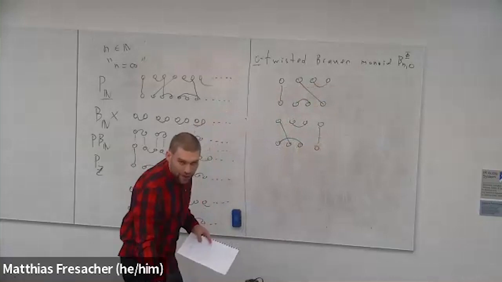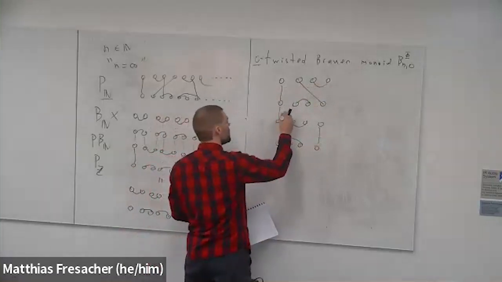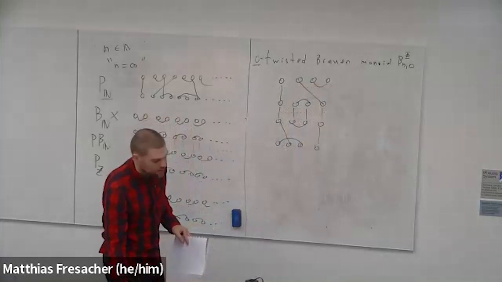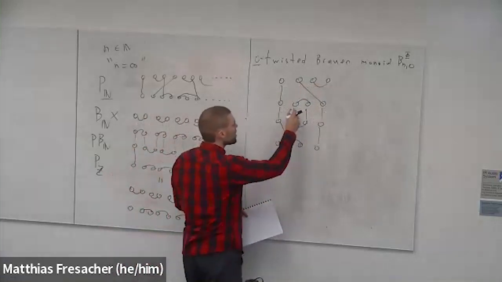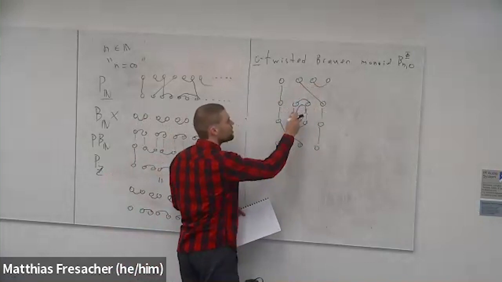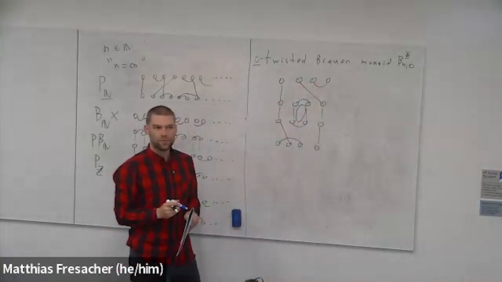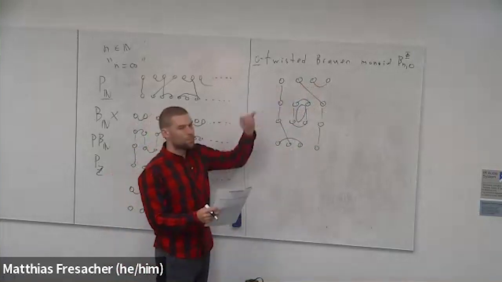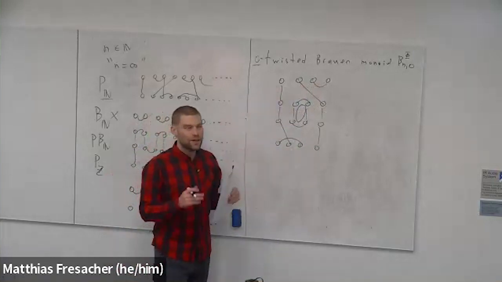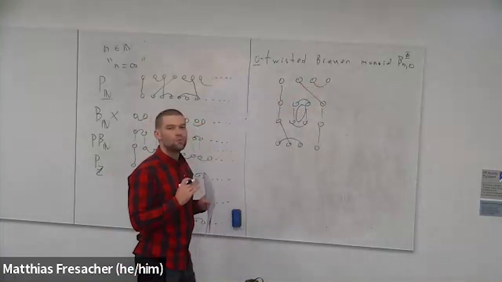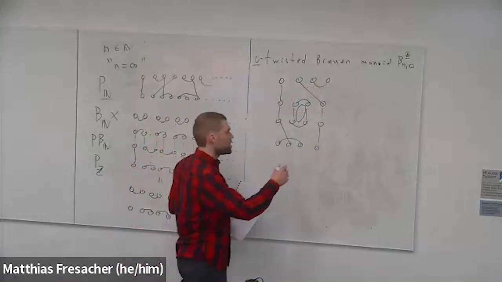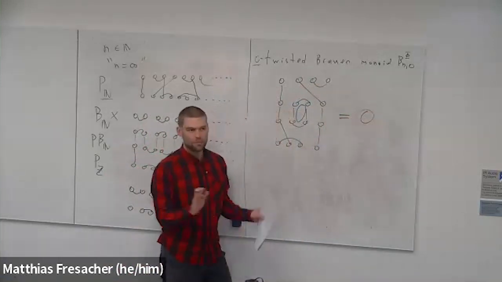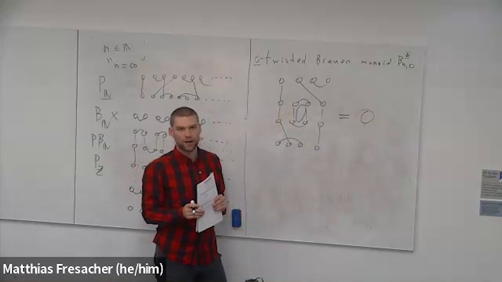When we go to concatenate these 2, draw in our in-between edges, and then we discover that we have a loop in here, because that's not going to be connected to either the top or the bottom row of vertices. And then in our twisted version, we're not allowed to have loops. So then just straight out by definition, this is just going to equal 0. I'm done. Doesn't equal any other diagram.